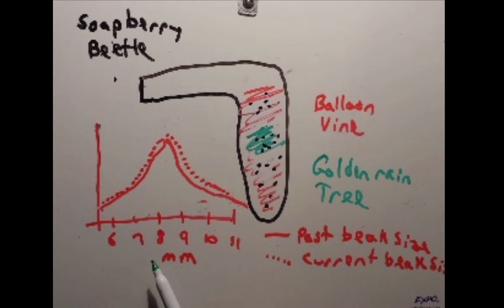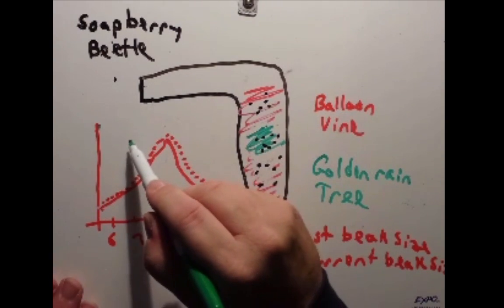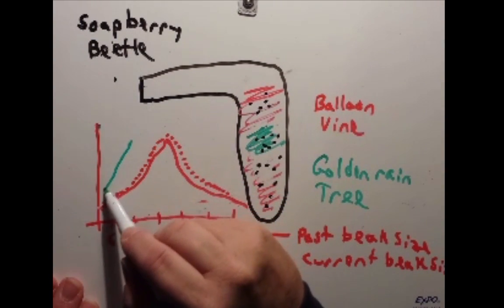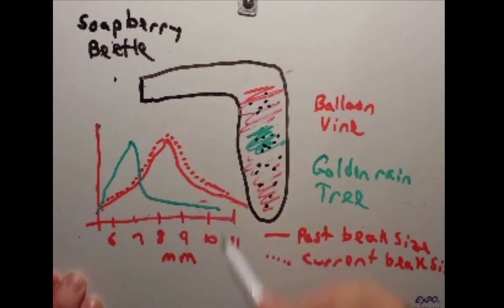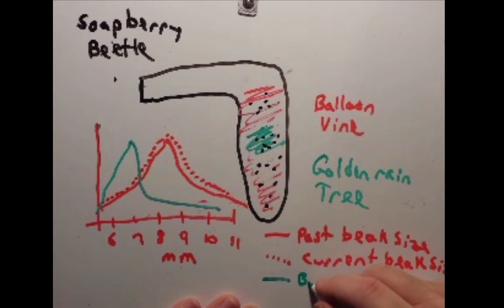The average size was somewhere around 7. It still had some range. It was a little bit more skewed this way, something like this. So the straight green line is beak size with golden rain.